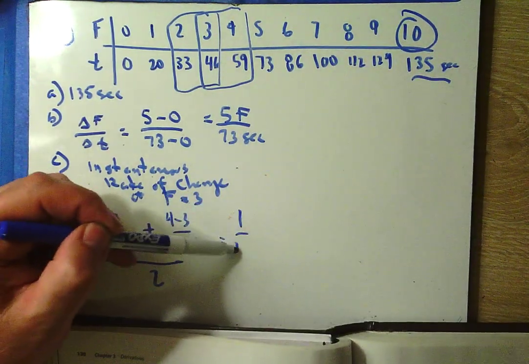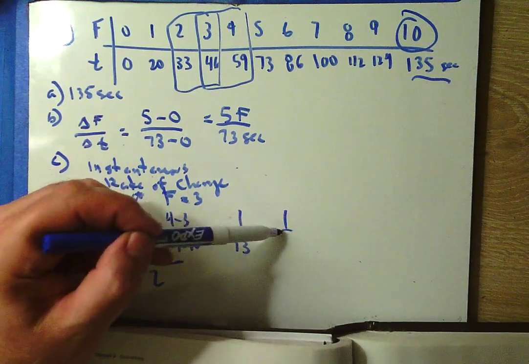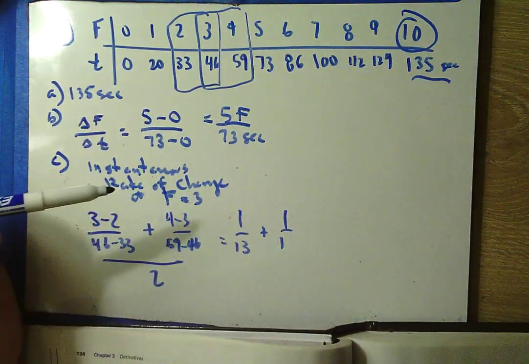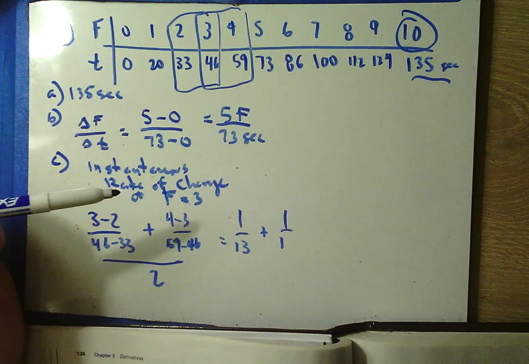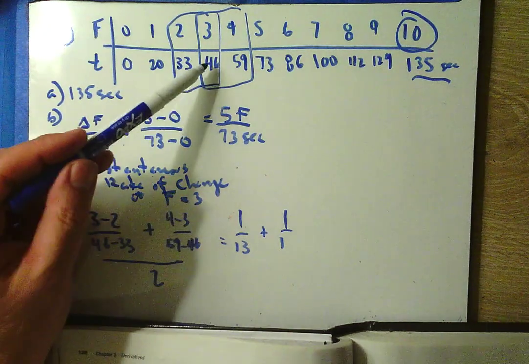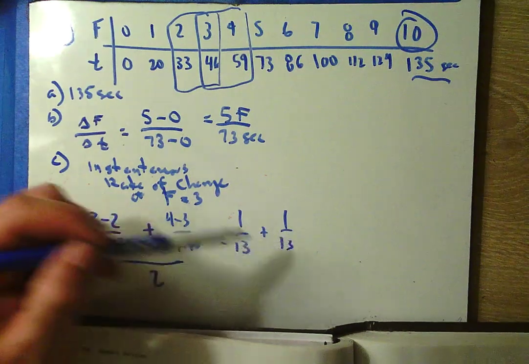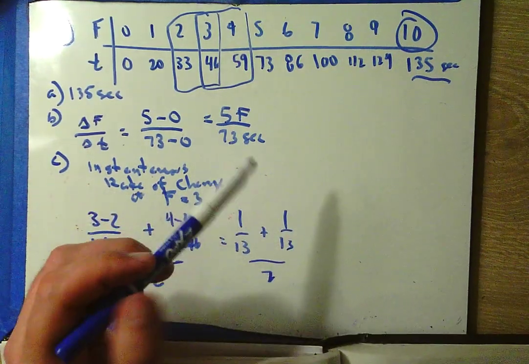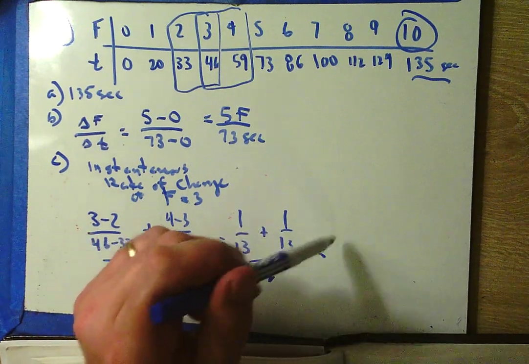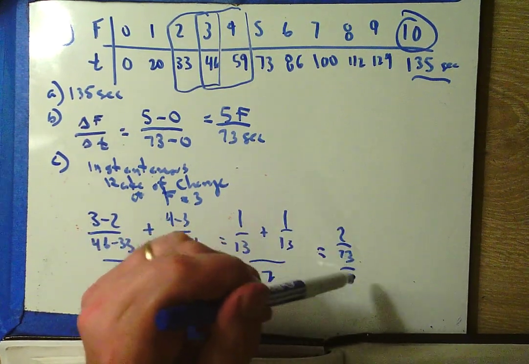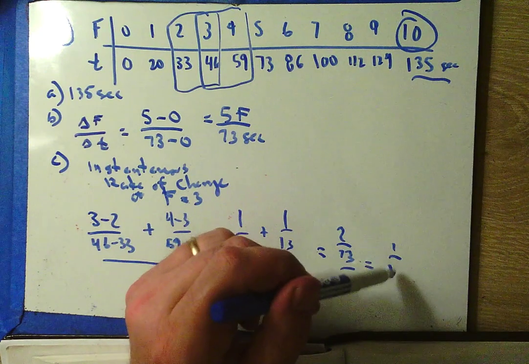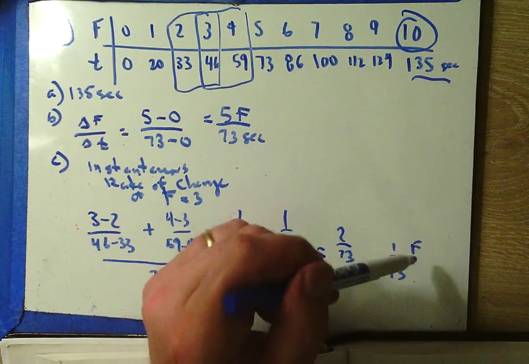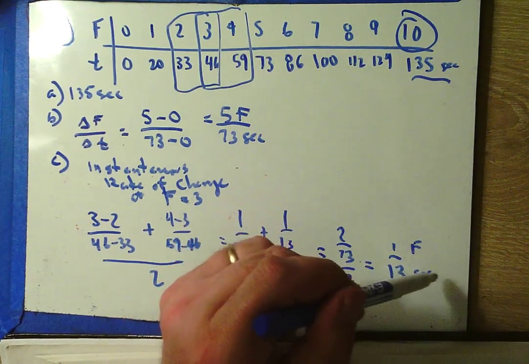So that's going to be 1 over 13 plus 1 over 13, which is 2 over 13, divided by 2, which is 1 over 13, 1 furlong every 13 seconds.